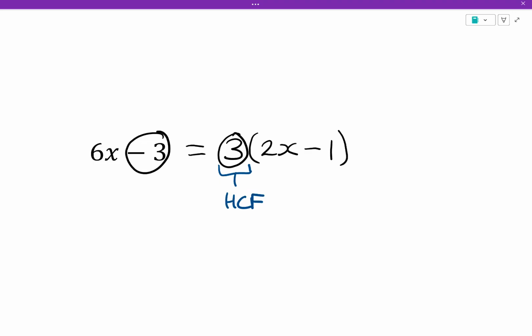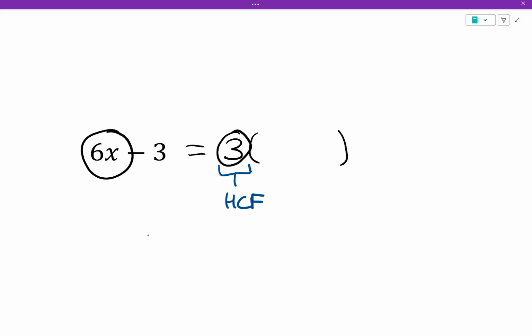However, I do just want to think about things in a slightly different way. That is how we could have got these numbers in the bracket without thinking about it in terms of multiplication, and actually thinking about a direct calculation that could get us our bracket. So I'm just going to rub this out here. Essentially, the question I'm asking myself is, how do I get from my highest common factor, which is 3, to the 6x by multiplication?